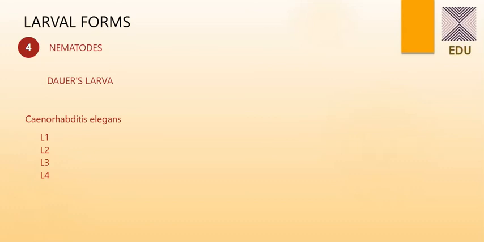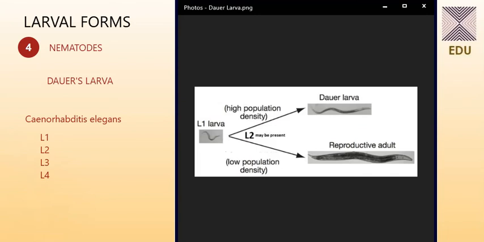Now if you go by this particular diagram, here we have the L1 larval form. This is the first larval stage of Caenorhabditis elegans. If we have high population density, some kind of stress, or lower food availability due to high population density, what will happen is that it will go for the formation of the dauer larva.